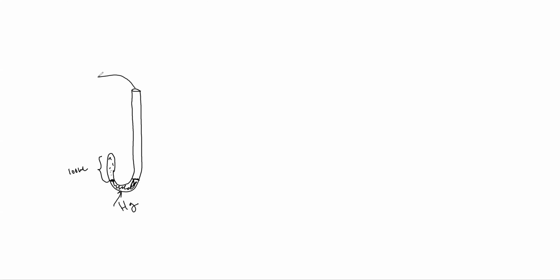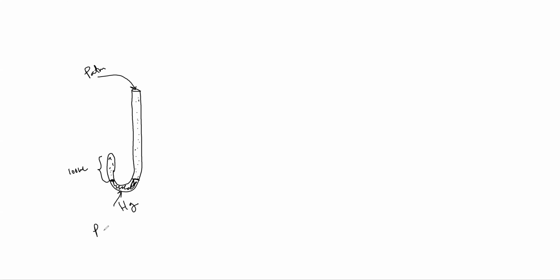And guys, remember this is open to the atmospheric pressure. So the gas molecules and atoms are exerting pressure on this side of mercury here, and the gas that is captured here is also exerting pressure on this side of mercury, and both levels right now are equal.